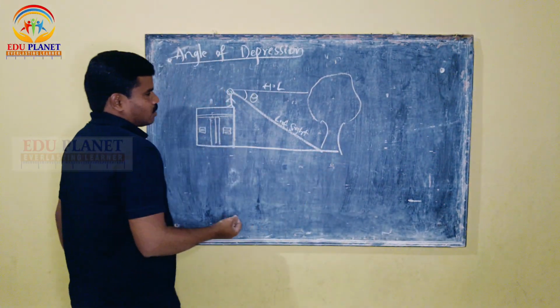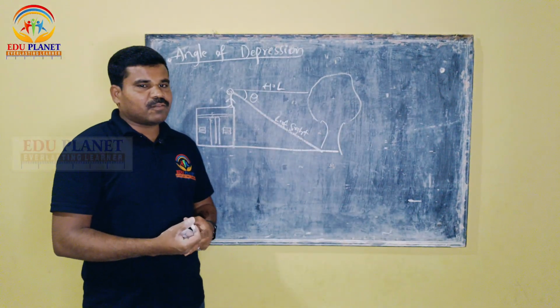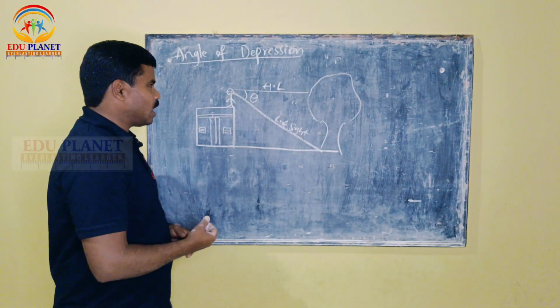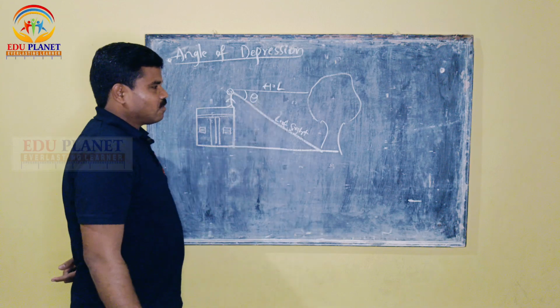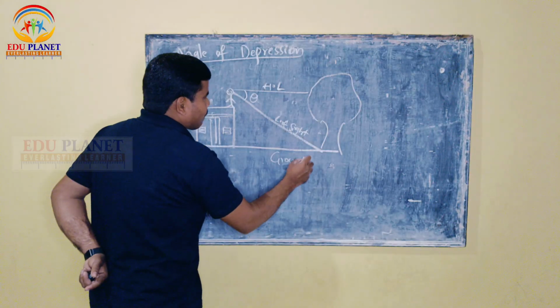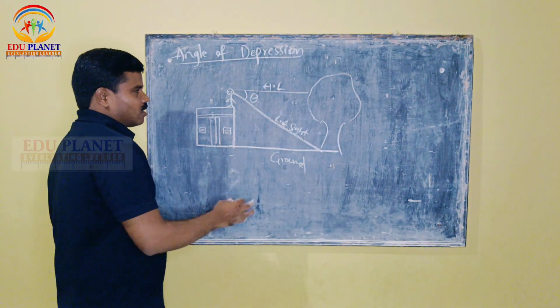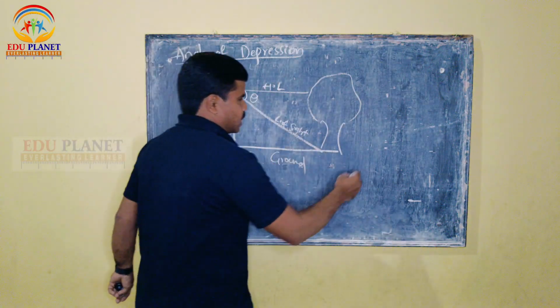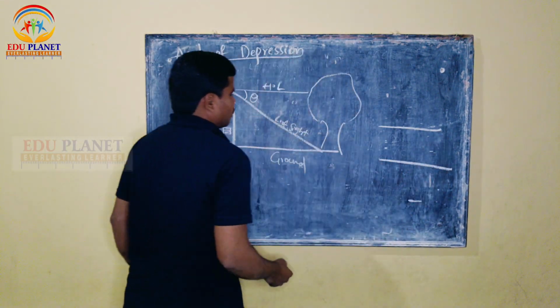But see here, when we are solving angle of depression related problems, we have to change the place of theta. Why? See, this is the ground, and this one would be the horizontal line. Let us draw this structure: horizontal line and ground.